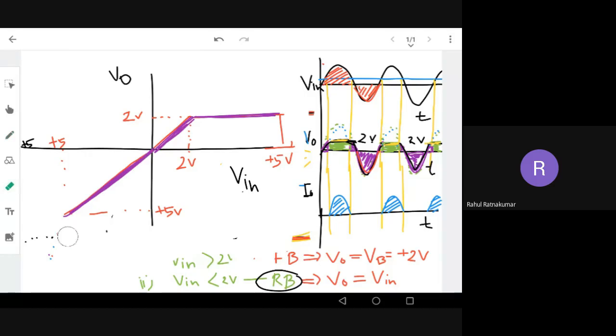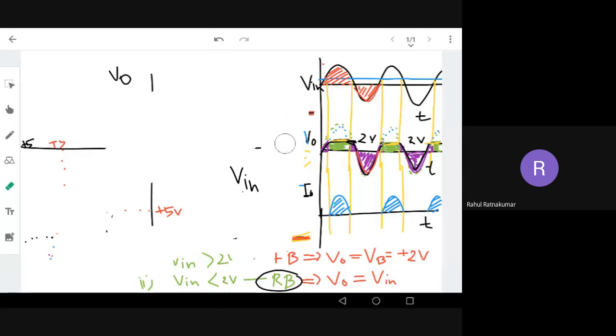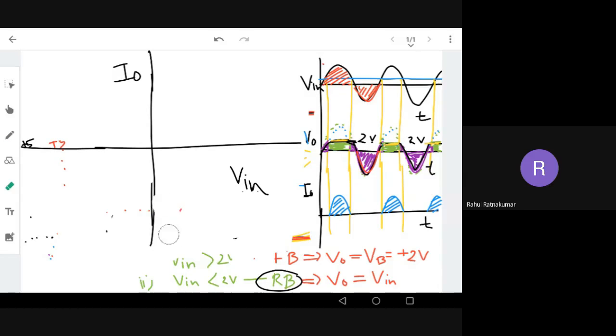Now we'll go for I out versus I in. So what will be I out versus I in? This is V in, and this is I out versus V in. Now you can see what the graph of I out looks like, because I out comes only after V in has crossed 2 volt. You can see V in has crossed 2 volt here, right?